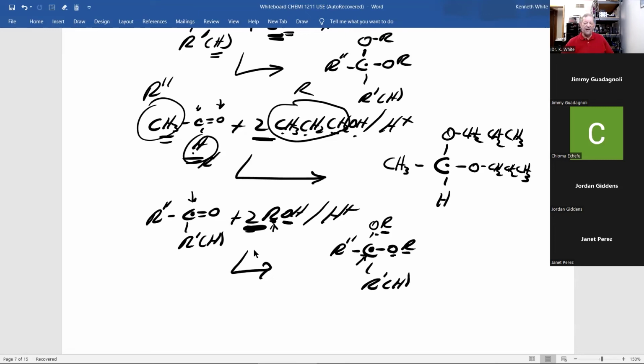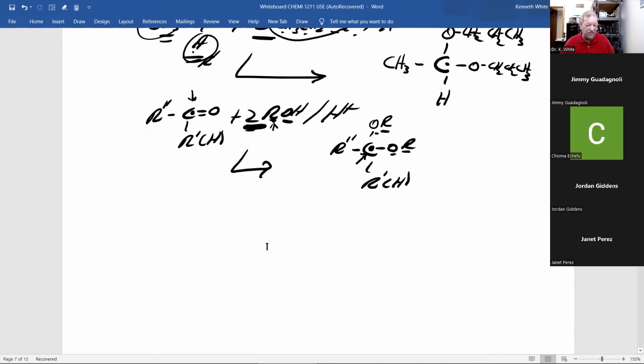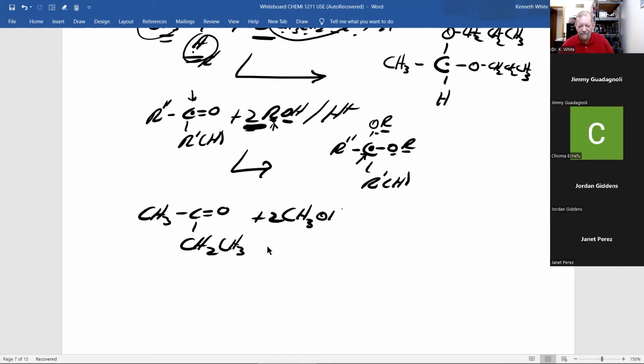And there's the molecule you get. And now I'm going to let you have fun with this. And there you go. Have some fun with this.